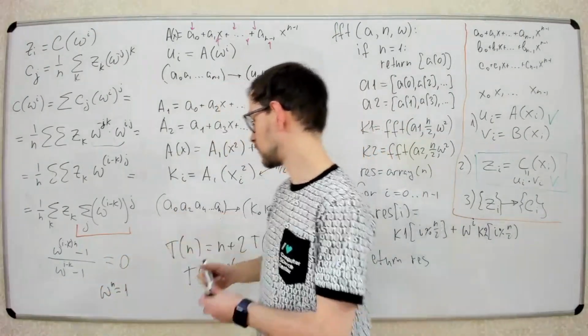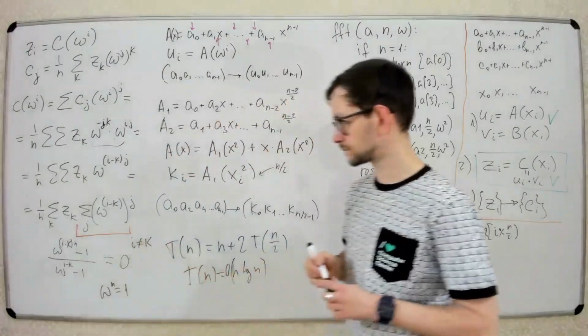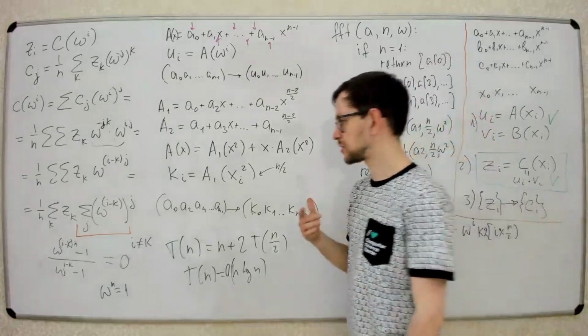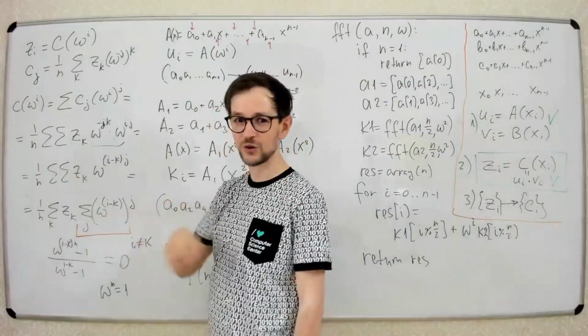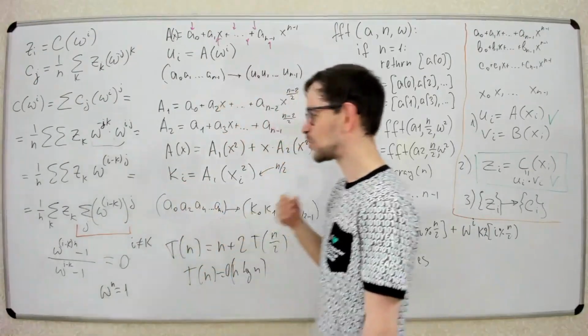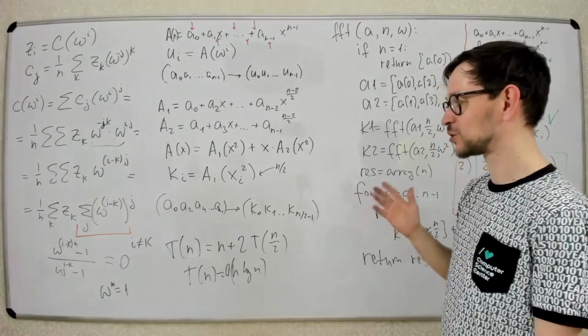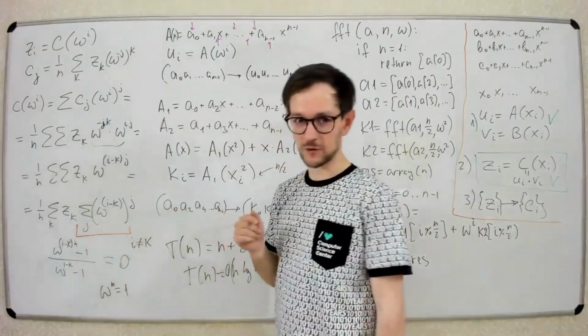So it's only 0 if i is not equal to k. If i is not equal to k, then I have a non-zero value, not 1. What's only important is that it is not 1, so it will be 0.